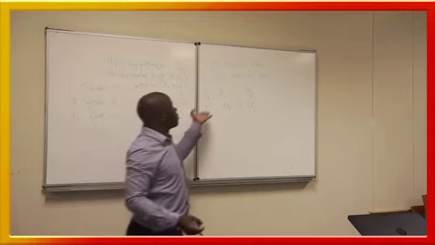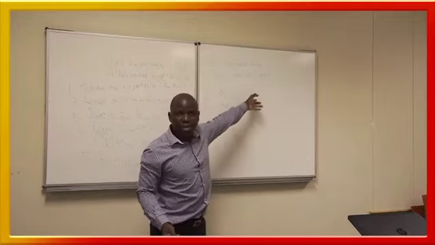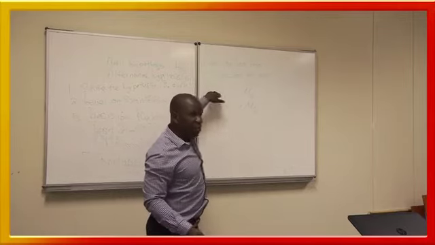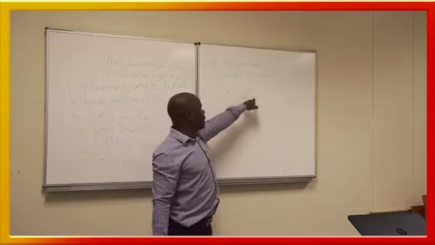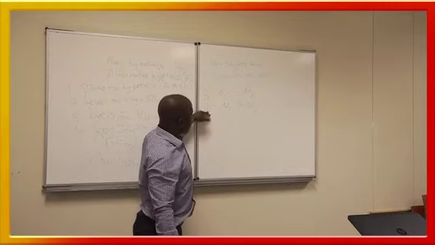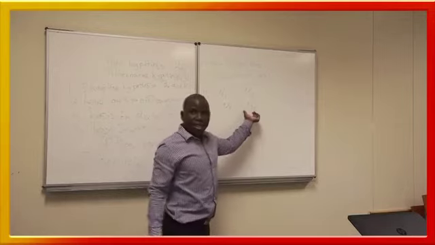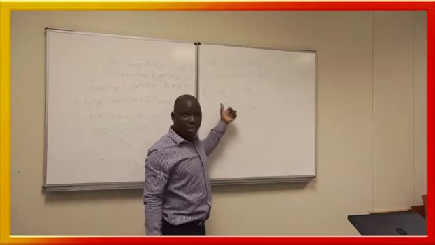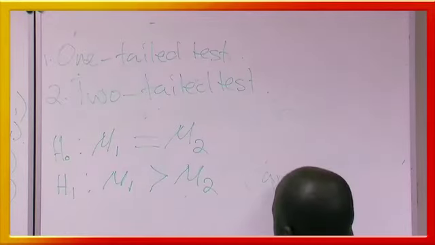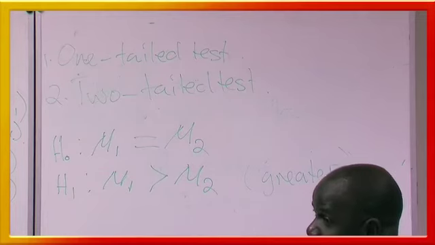What is known is maybe the average performance of UNAM students is the same as the average performance of students from another university. So the average performance of students from UNAM will be denoted by mu1, and that of students from another university by mu2. This alternative hypothesis is now saying the average performance of students from this other university is better than the average performance of students from UNAM. So this is one-tailed because we are saying it's greater. What makes us say one-tailed is because it's tailed to the right in this case.